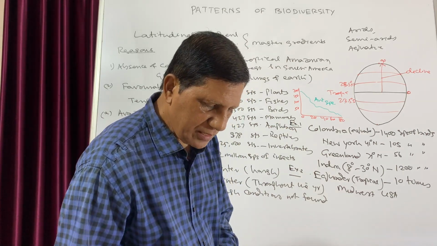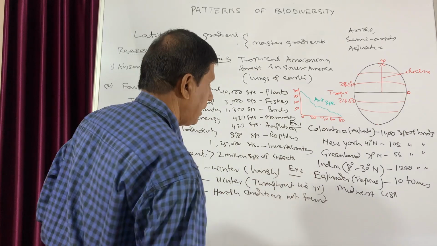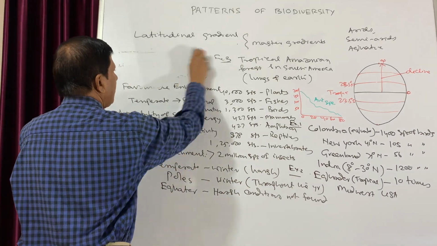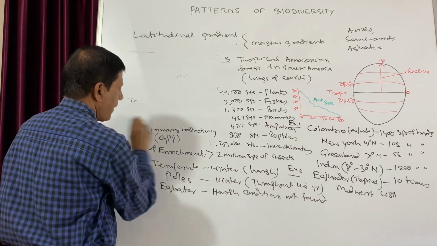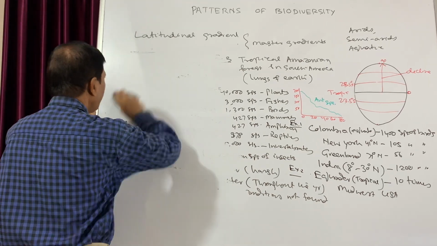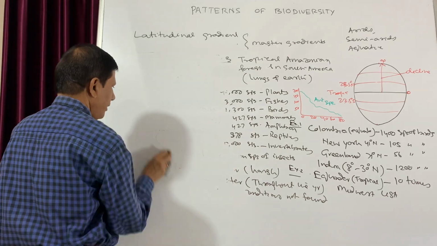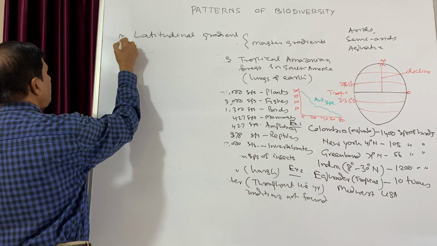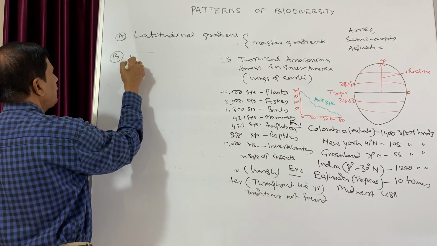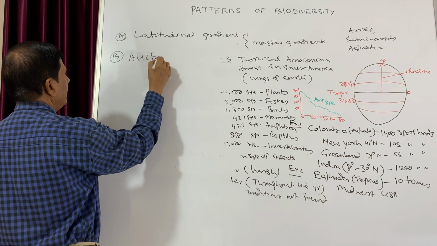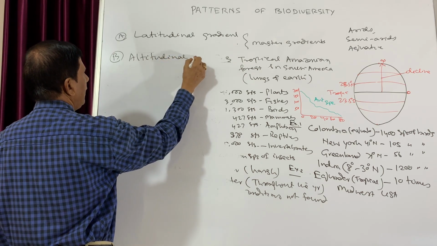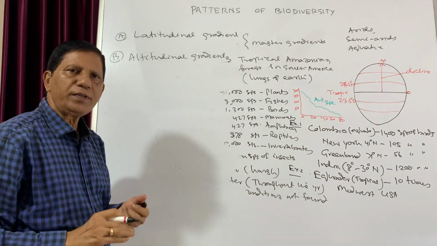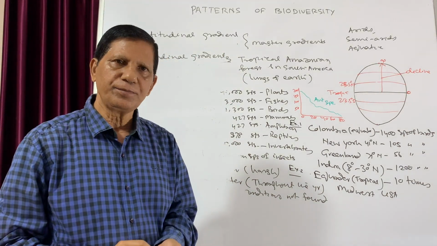So this is about the latitudinal gradient. The second is altitudinal gradient. Altitude means the height from the sea level.